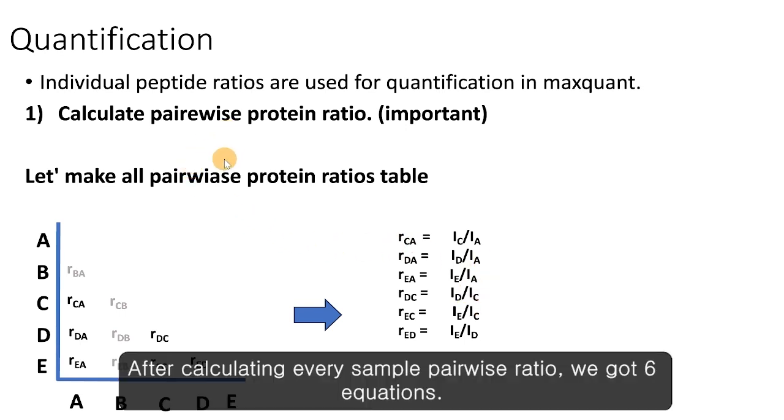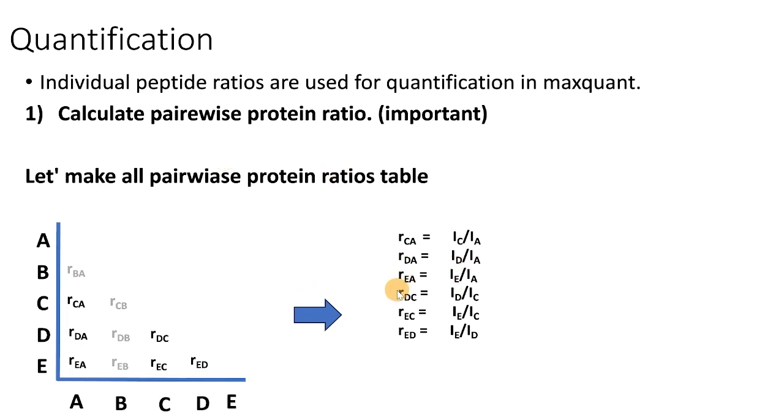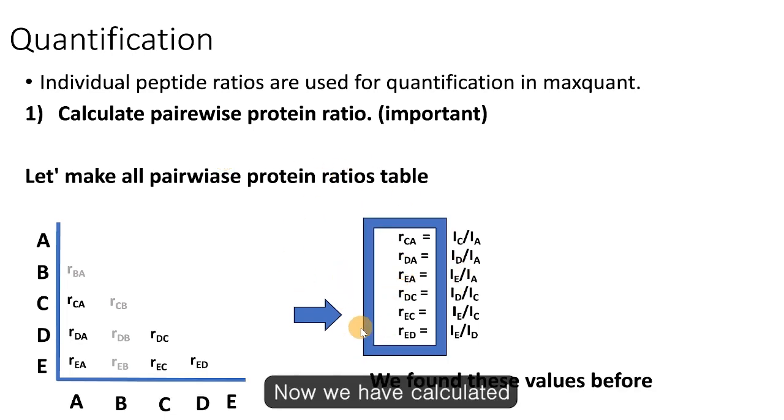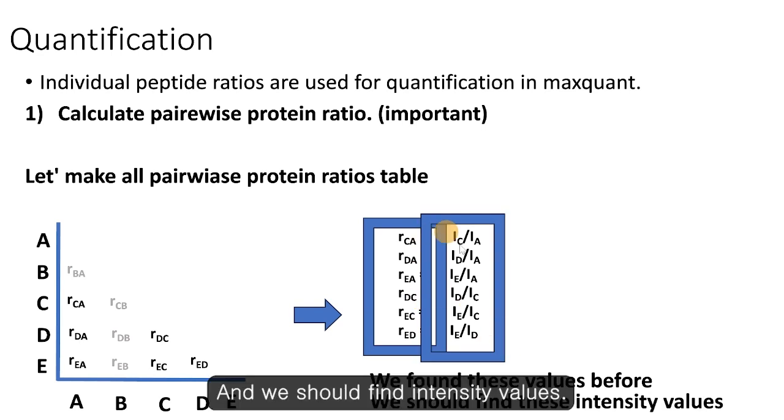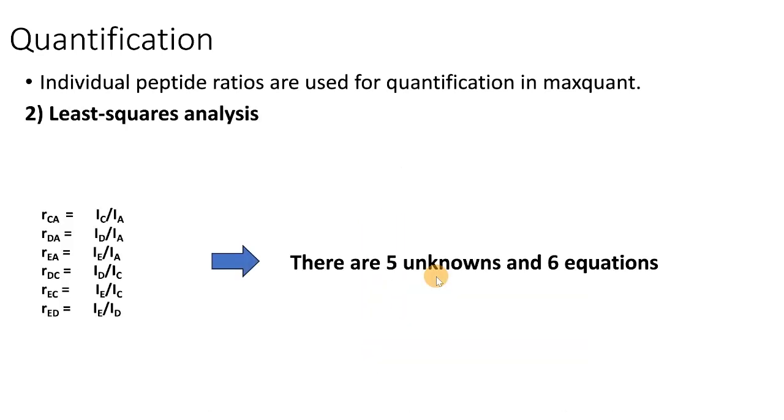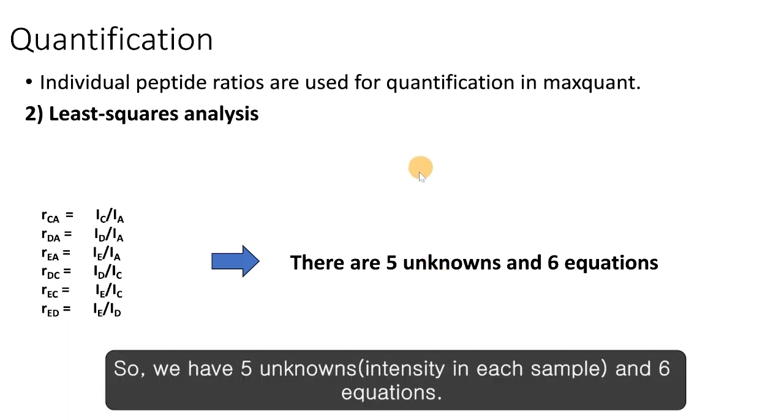After calculating every sample pairwise ratio, we got 6 equations. Now we have calculated ratio between samples using median of peptide ratio right before. And we should find intensity values. So we have 5 unknowns and 6 equations.